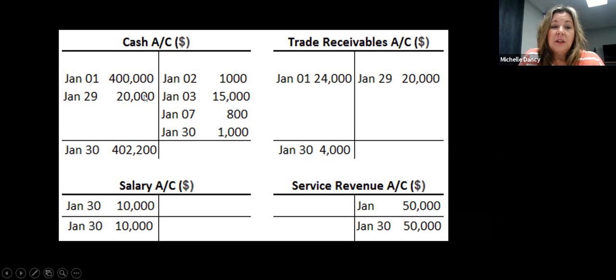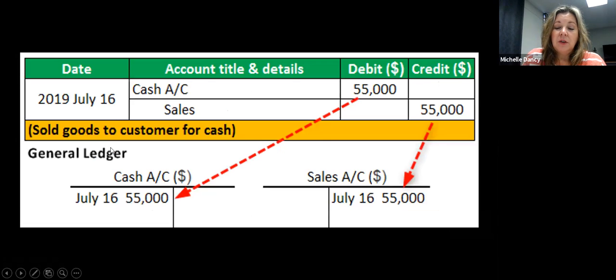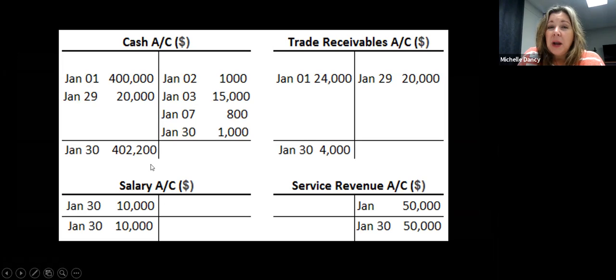So 400,000 plus 20,000 minus 1,000 minus 15,000 minus 800 minus 1,000. Do the math, and that gives me $402,200. Oops. How do I know which side to put that number on?